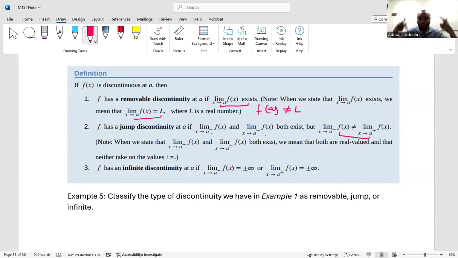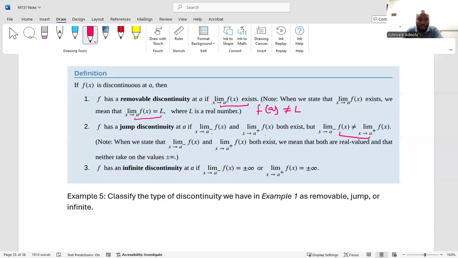You just need to be able to visually understand it, and that is why I will always give you the picture first. So just look at it. The limit from the left is not the same as the limit from the right, so there will be a jump. When the limit is the same, but the value of that function is not what the limit is going to, then we say that point has been removed. So removable discontinuity. When the limits are not the same, there is a jump.